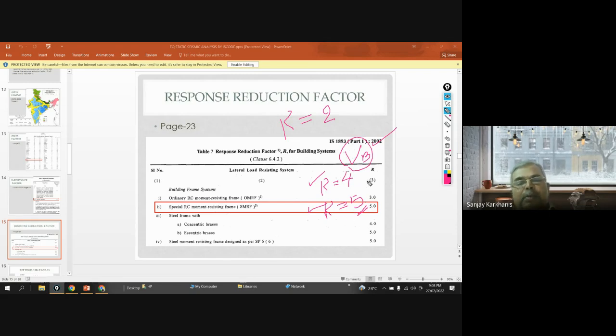But that doesn't mean that you are free to go for non-ductile detailing. That is not accepted. Previously, it was accepted. The code used to say that if you are having an ordinary moment resisting frame, you can go for R equal to 3 and you can waive out that ductile detailing. But now the code says nothing doing.